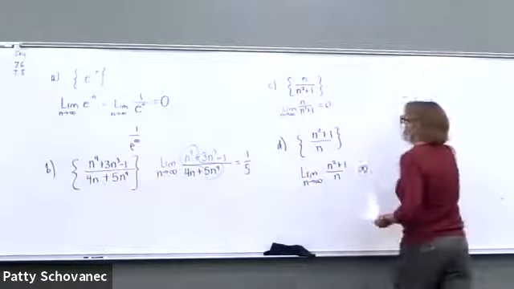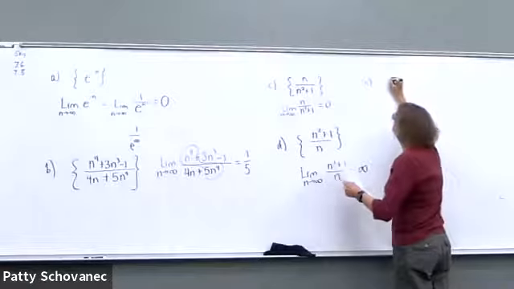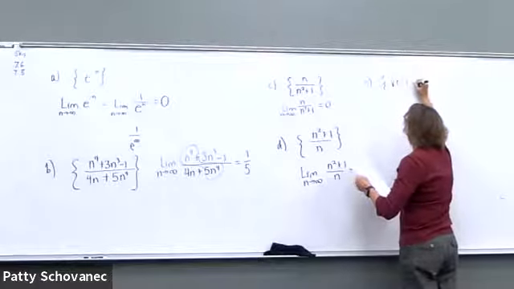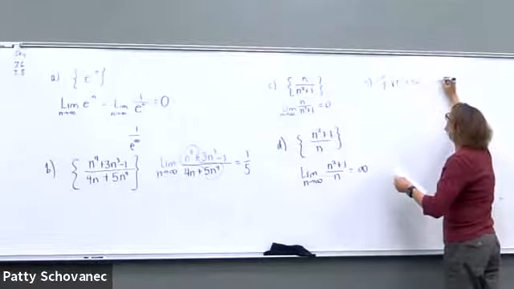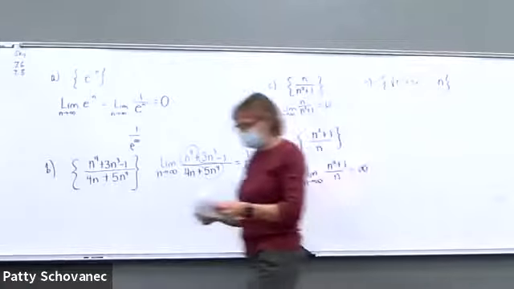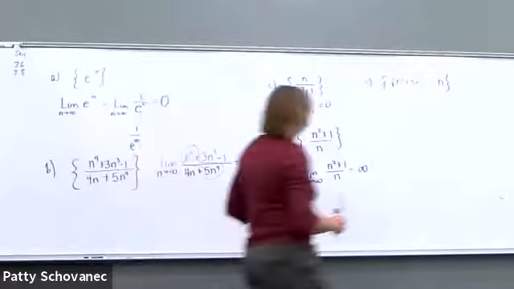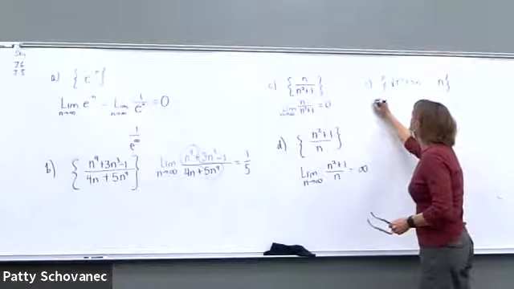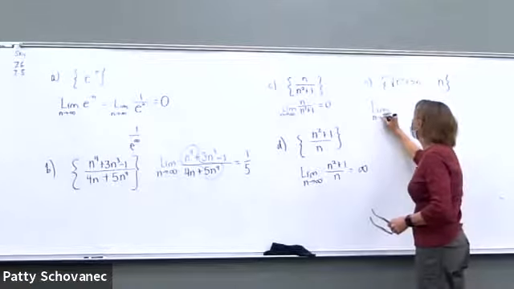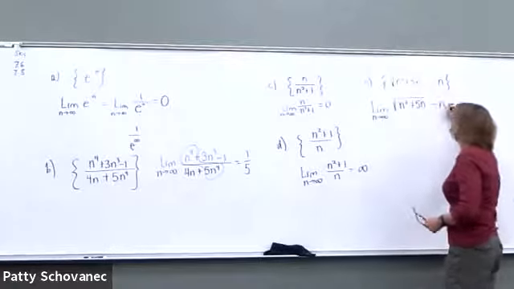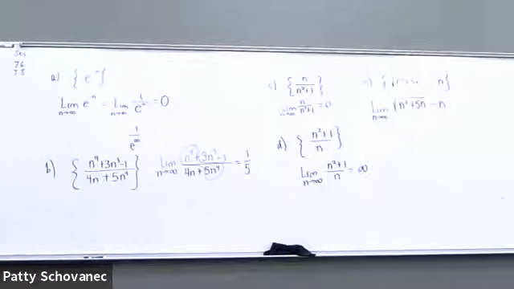Okay, what about the sequence? Take the square root of n squared plus 5n minus n. We saw this a little bit earlier in our example that had the logarithms.